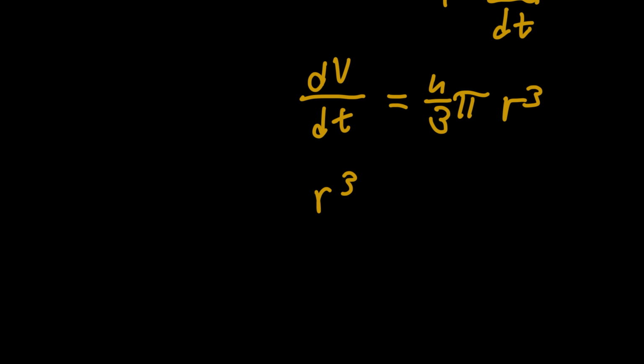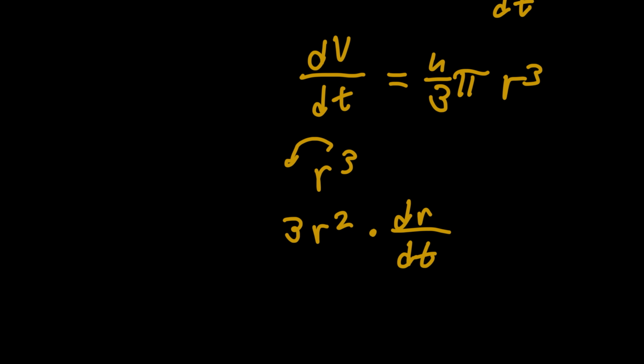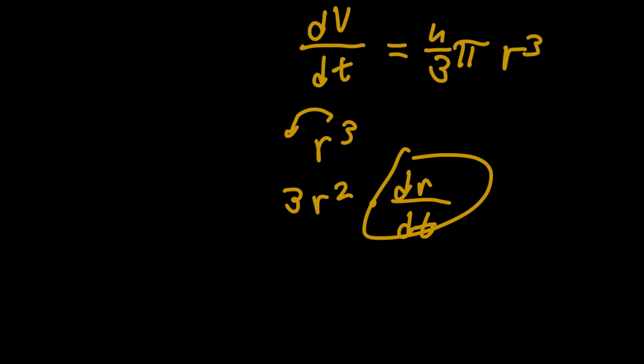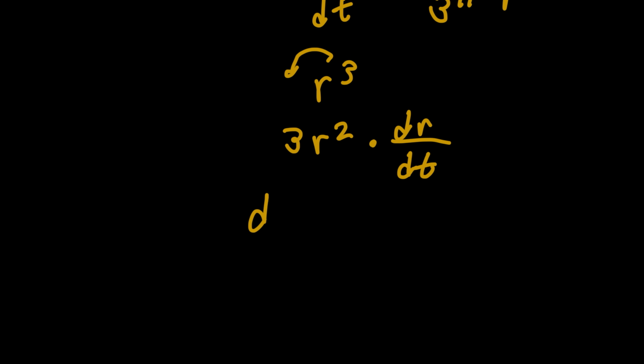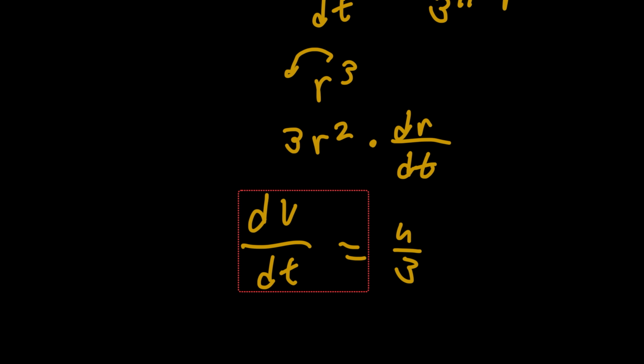So we take power rule on r, so we get 3r squared, and then we need to multiply that by the derivative of r with respect to time. So dr over dt, that's just chain rule, which we learned in the last video. So then we get the equation dv over dt is equal to 4 over 3 pi times 3r squared dr over dt.